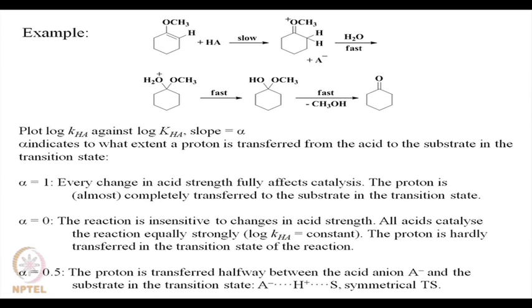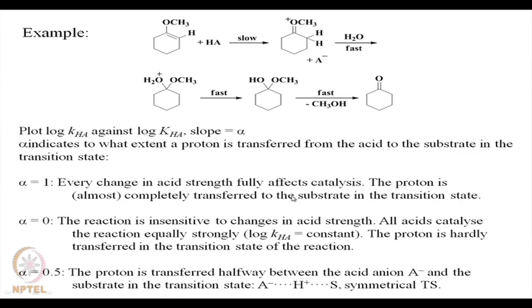If the slope is unity, then the situation will be one; if it is 0, then the situation will be another; if it is in between, like 0.5, then the situation will be something else. So, let us look into that. When alpha is equal to 1, every change in acid strength fully affects catalysis.